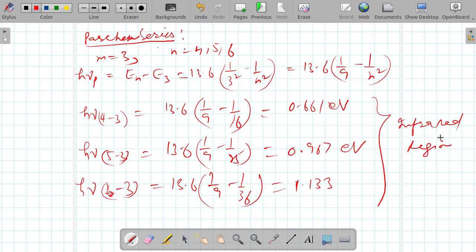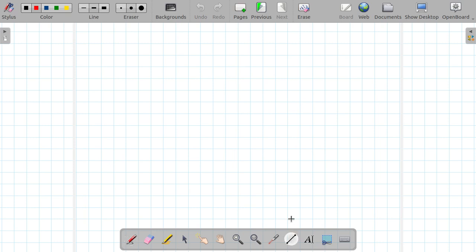So let us understand all these in an energy level diagram. So let us draw the energy level diagram.